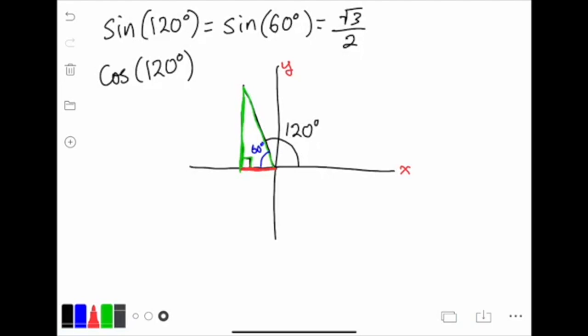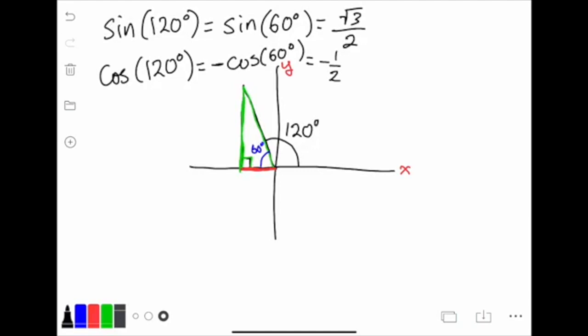So actually, the adjacent side now is a negative side. So what we're going to want to say then is cosine of 120 degrees is going to be the same answer as cosine of 60 degrees. However, it's going to be negative instead. And cosine of 60 degrees is half, so cosine of 120 degrees is negative 1/2.